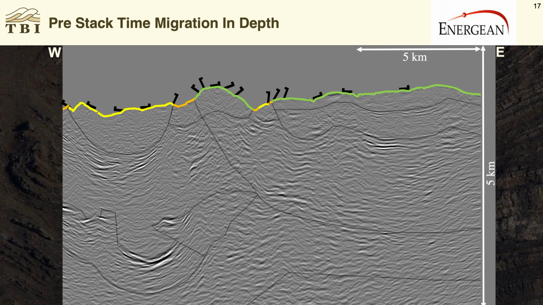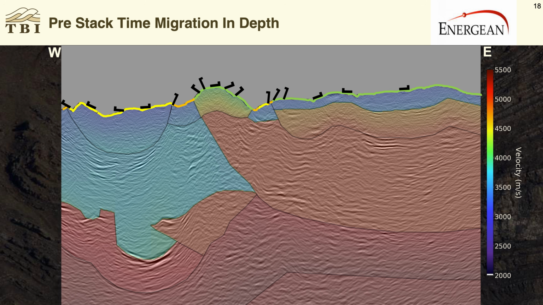To begin with, model updates were done by analyzing post-migration gathers and stacks with post-migration move-out applied. Energean and TBI agreed that progressing as far as possible with this methodology prior to incorporating any interpretation would limit any bias from previous interpretations on the legacy results.